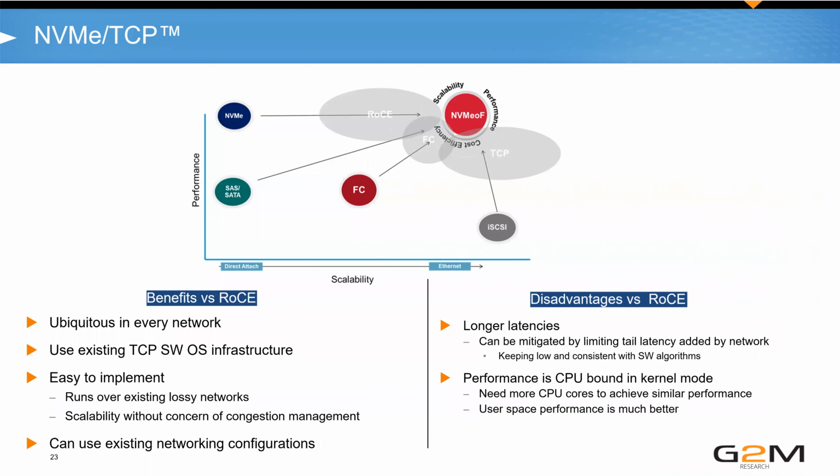So just to echo some of the previous folks who were talking about the advantages and disadvantages, one of the big benefits for TCP is its ubiquity in the market and in every network. The other thing about that is obviously it's been around for a long time, and all the existing infrastructure from a software perspective, hardware perspective is well known.